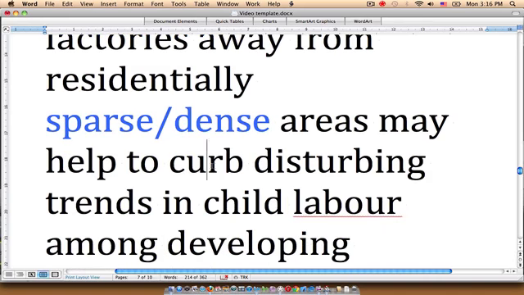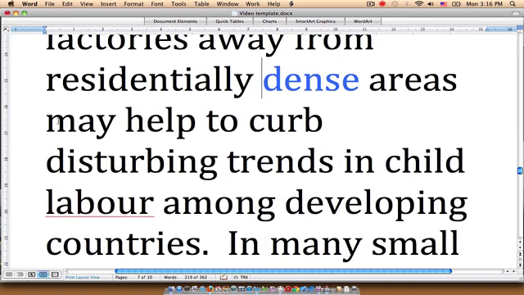Now what does curb mean? Curb means to lessen something. So the answer here would be dense. Moving factories away from residentially dense areas would help to lower trends in child labor among developing countries.